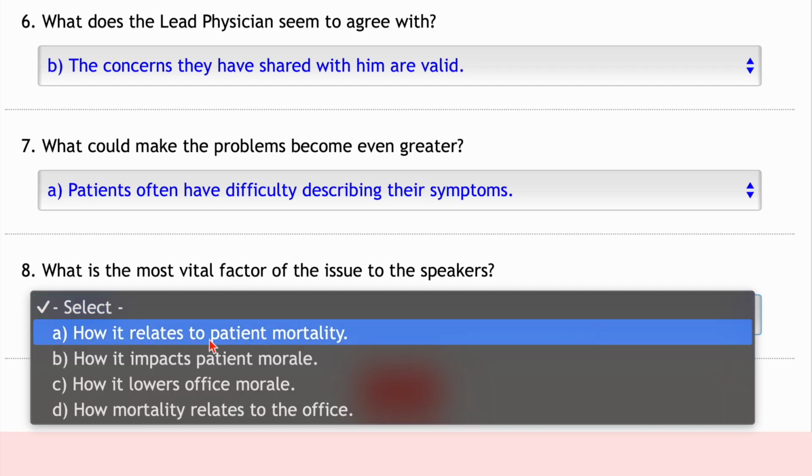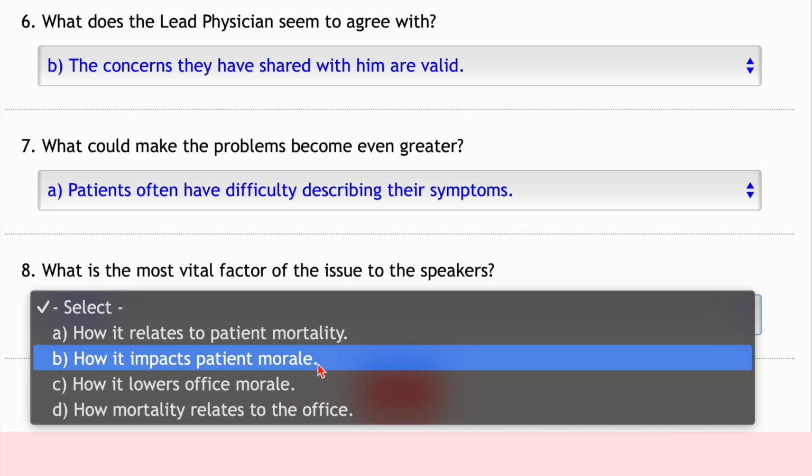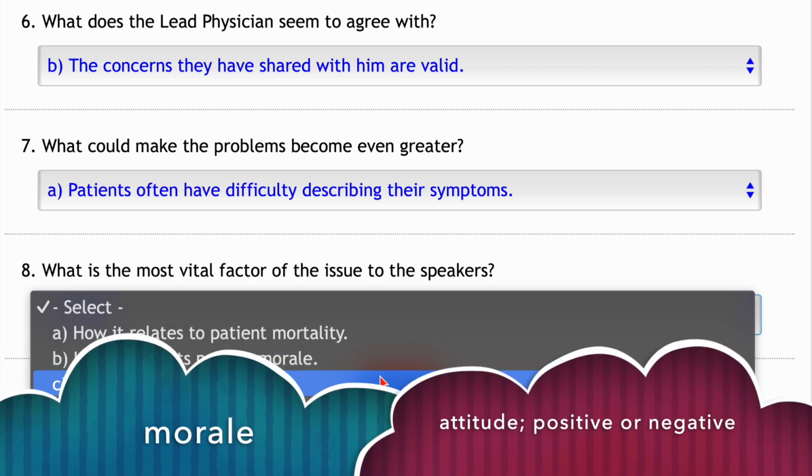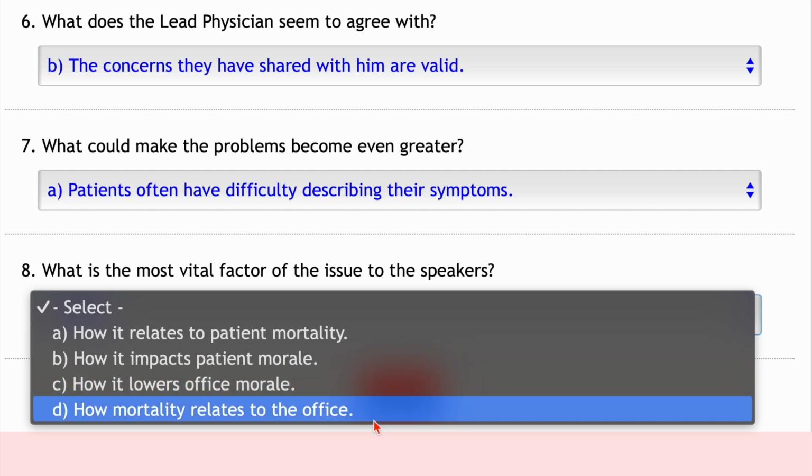How it relates to patient mortality or death, how it impacts patient morale, or how positive they think, how it lowers office morale, how mortality relates to the office.